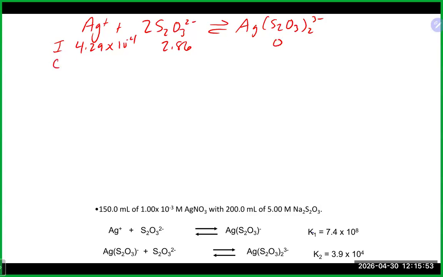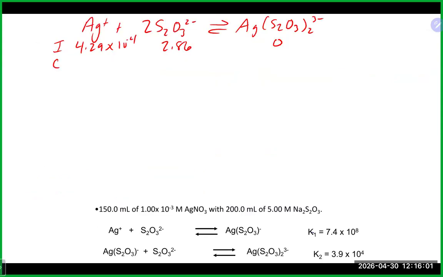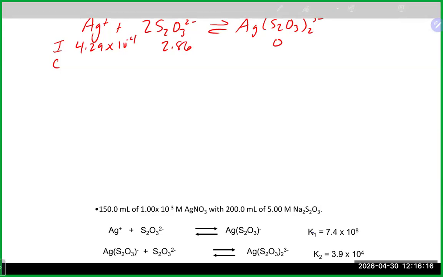So once again, as we could also see from our Kf value that we calculated, it is a large value, which typically our Kf values are. So once again here, we're going to make the assumption that all the silver should get tied up into that complex ion. So here we don't use x's, but we actually use numbers, and it is going to be the metal as the change part here.